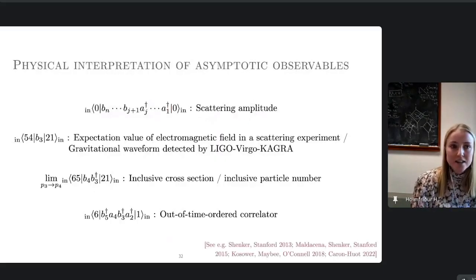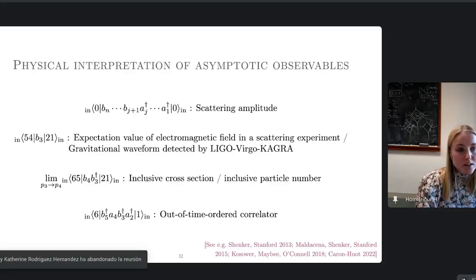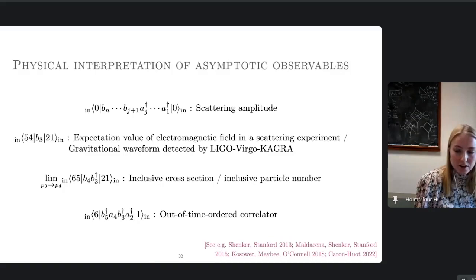The cool thing is that these observables, or at least some of them, have a nice physical interpretation. Of course, we know and love the scattering amplitudes. But for example, this expectation value that we talked about, of a future operator in the background of other operators, is something that we'll talk a lot more about in parts 3 and 4.